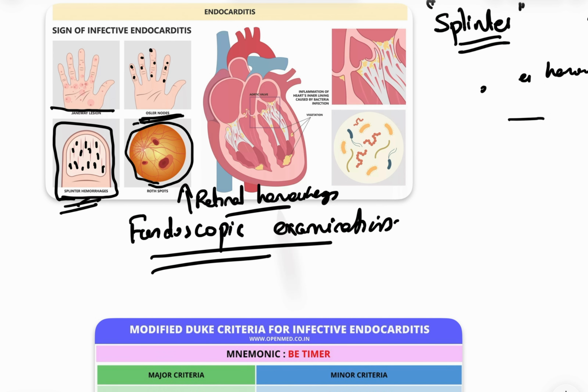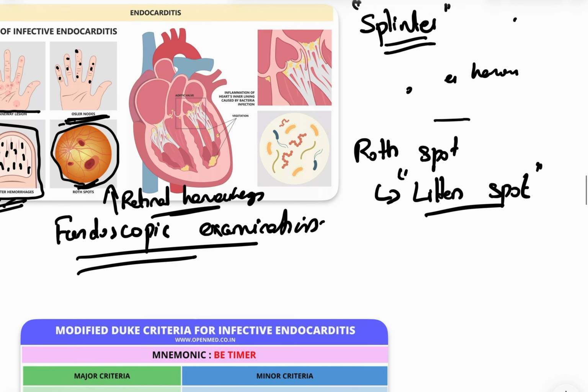This is a Roth spot, and there are two other names for Roth spot. Roth spot is also known as Litten spot. Just in case the question comes up in a different name, I want everybody to remember. Roth spot is known as Litten spot, or Litten sign, and it is visualized by fundoscopic examination, and this is seen in infective endocarditis.